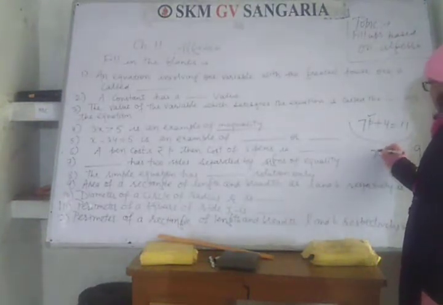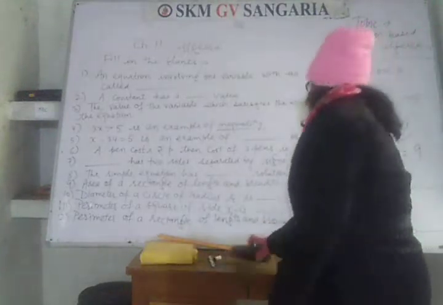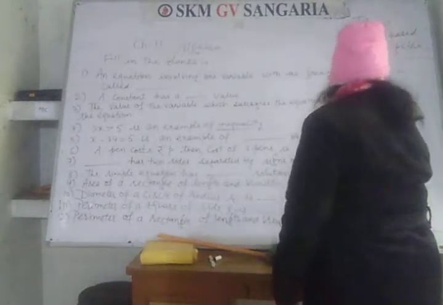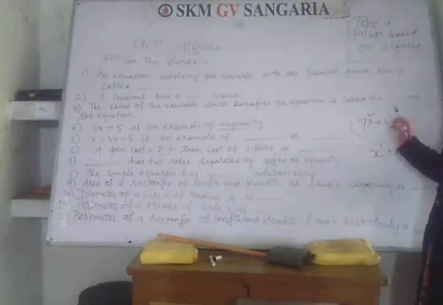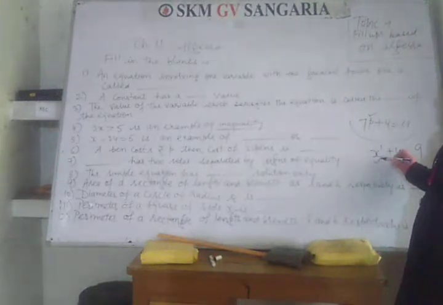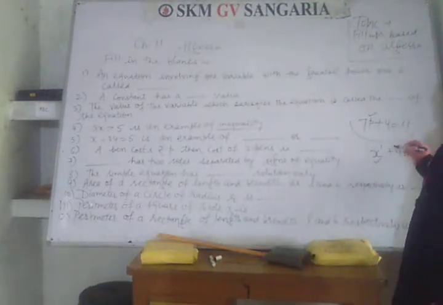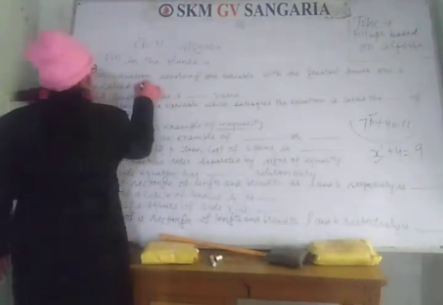If no power is mentioned for x, it is understood that it is always 1. Here the power of x is always 1. So an equation involving one variable, only x here, and 4 and 9 are constants, with the greatest power 1 is called what? An equation.